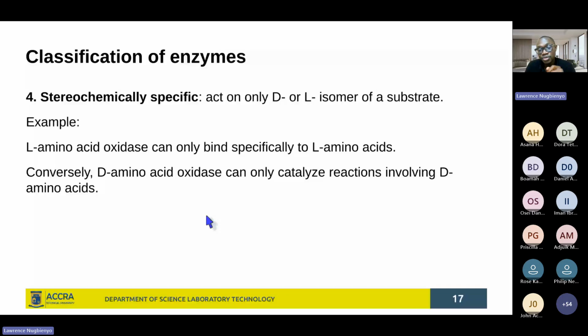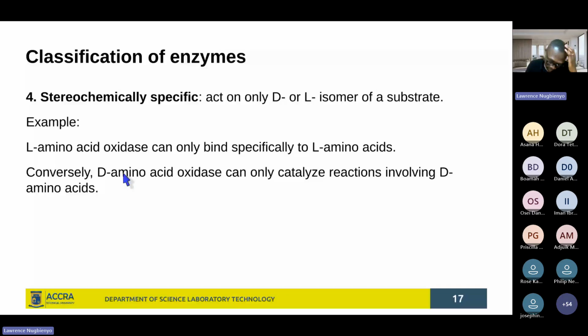Now, when we look at metabolism of amino acids, there are some enzymes there that are specific to the L isomer of amino acids, and you have some that are specific to the D isomers of the amino acids. So we have the L amino acid oxidase and we have the D amino acid oxidase. These are specific to these isomers.